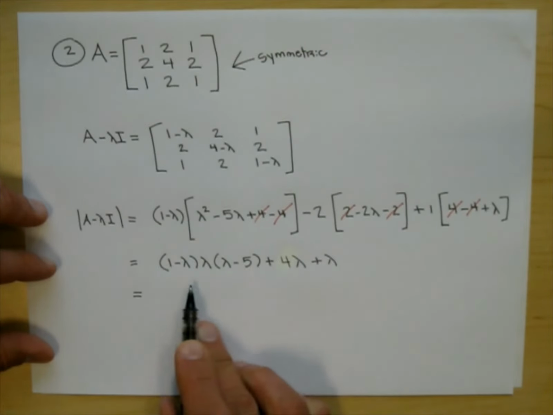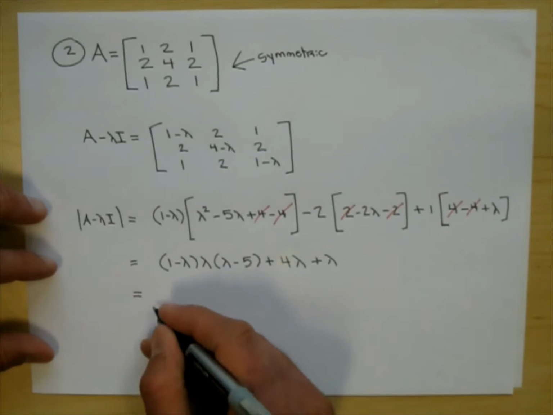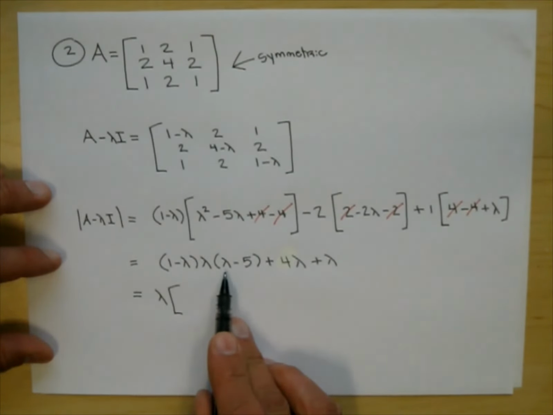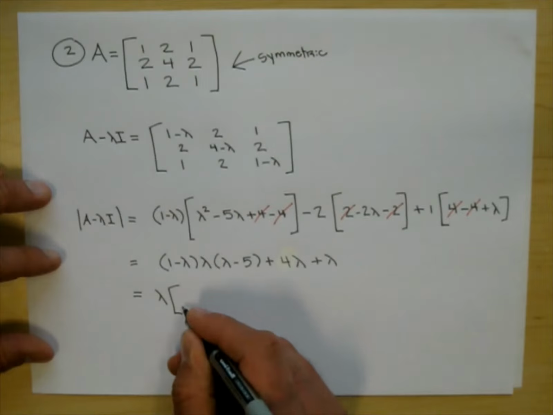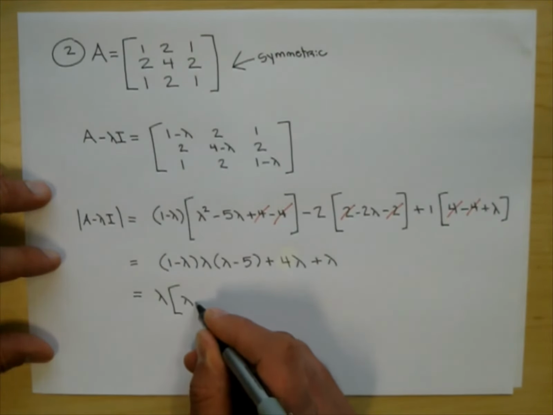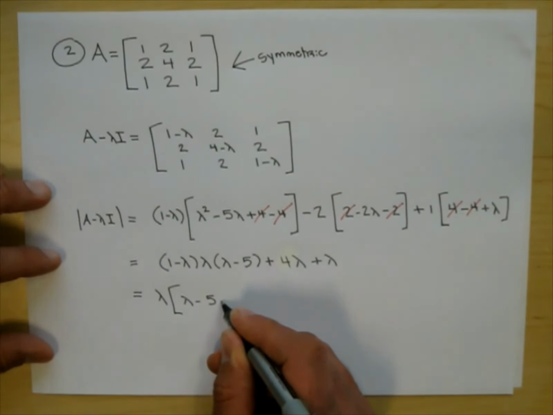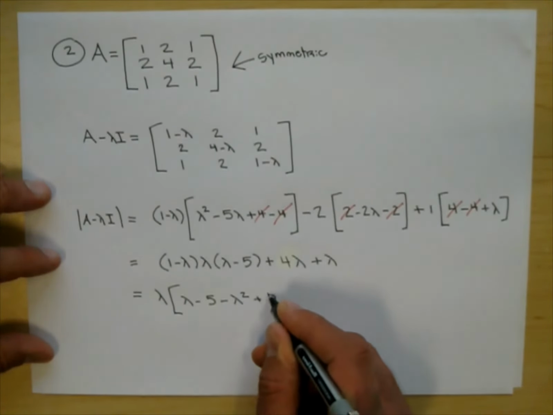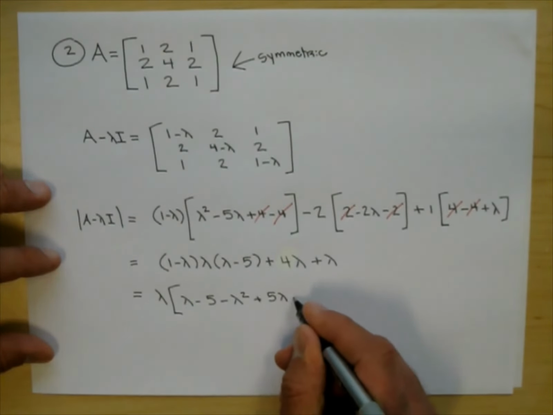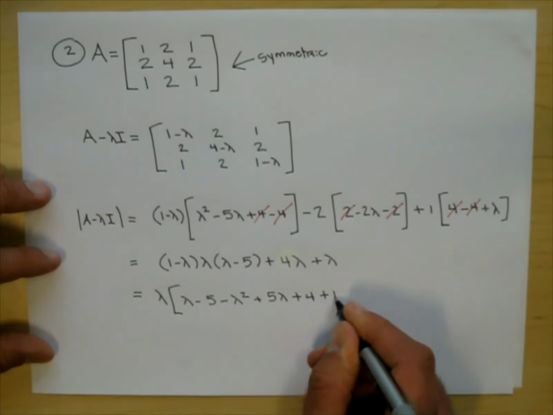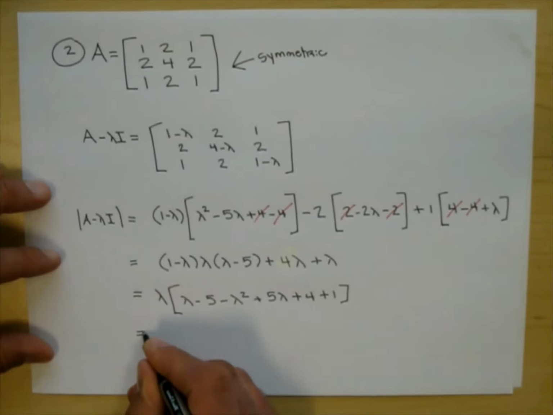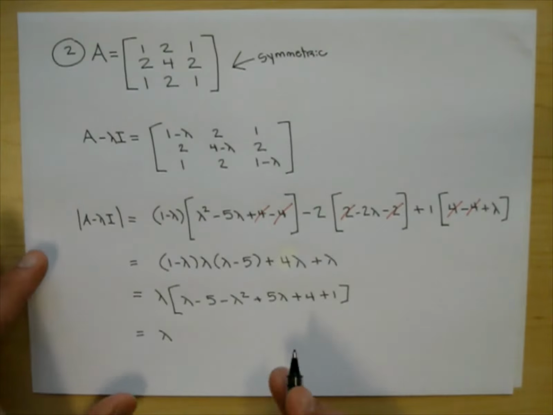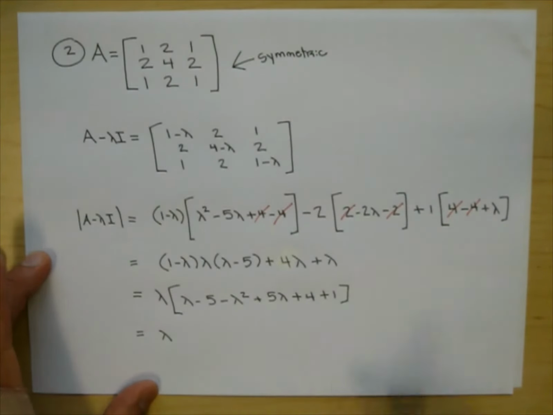Okay, so I'm going to factor a lambda out of these 3 terms. So I have lambda here. I'm going to multiply the 1 minus lambda times lambda minus 5. So this is going to give me lambda minus 5 minus lambda squared plus 5 lambda. And then this is plus 4 plus 1. So we have lambda here. And then look at this right here.